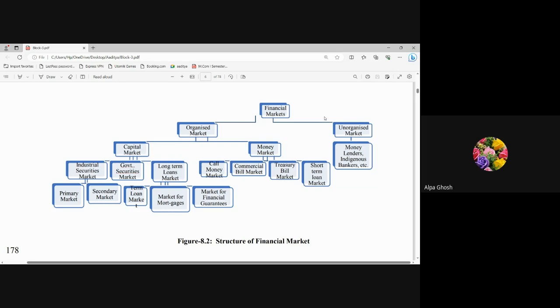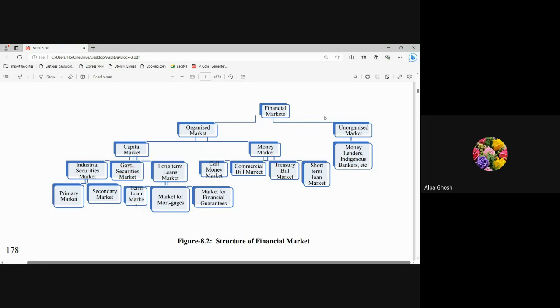There is a controlling authority. So when we talk about authority, just now I told you, we have a central bank in each country. So this central bank is the authority, or the regulator, of your organized market.